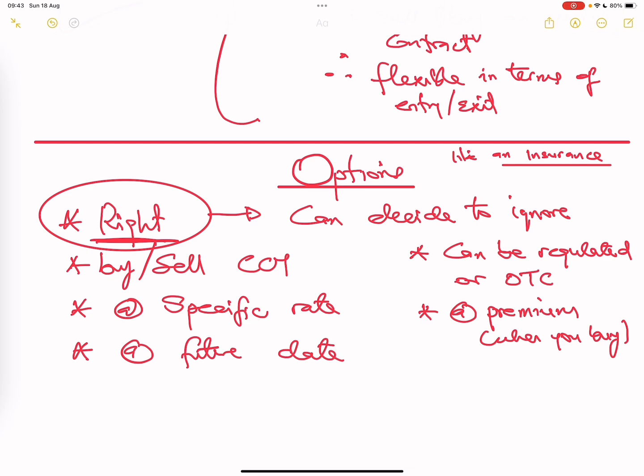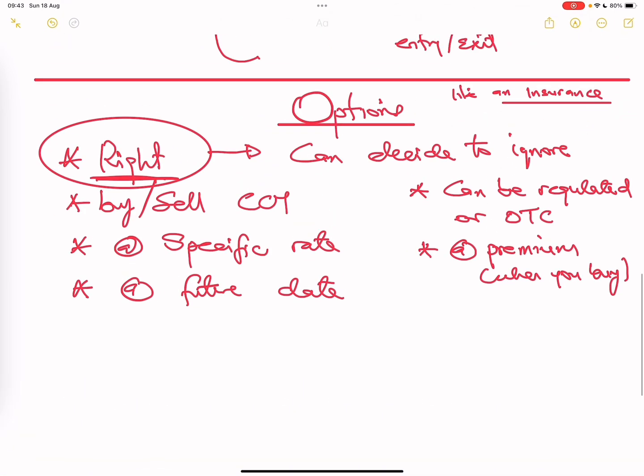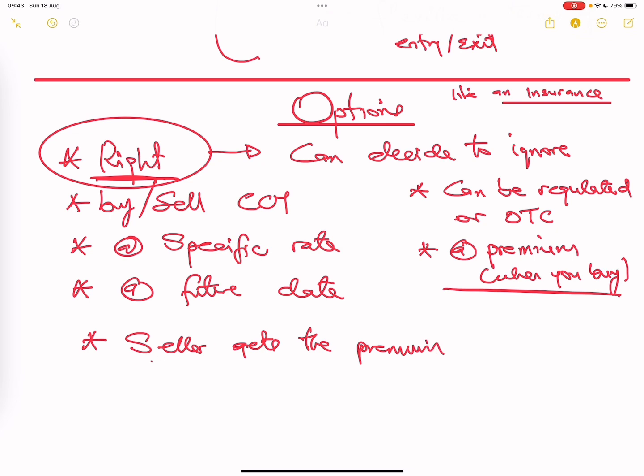So, what does this tell you? It means that whoever is selling the option, the buyer pays the premium, the seller gets the premium, and which means the seller will have an obligation because they have been paid for that service. It's like insurance, like I said. The seller is like the insurance company, and the buyer is like the policy holder, right?